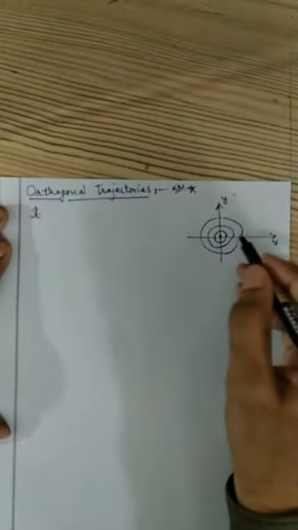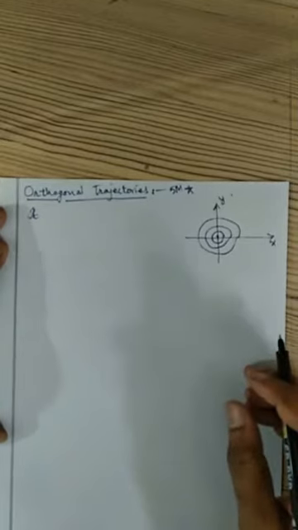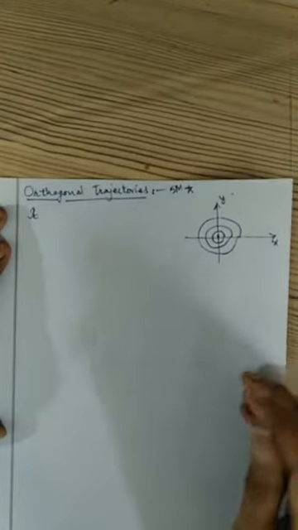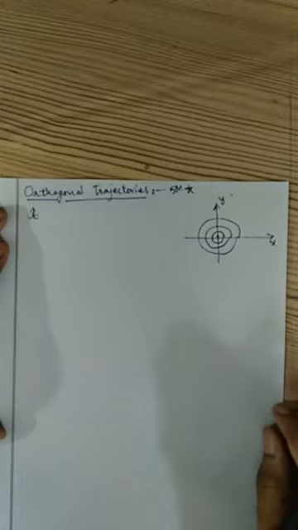Suppose this is a family of concentric circles. Then the orthogonal trajectories for this family of circles are defined to be the lines or curves which intersect every member of the given family orthogonally.